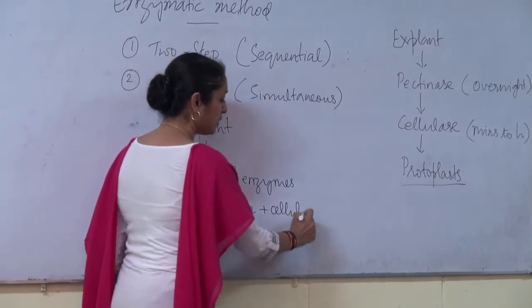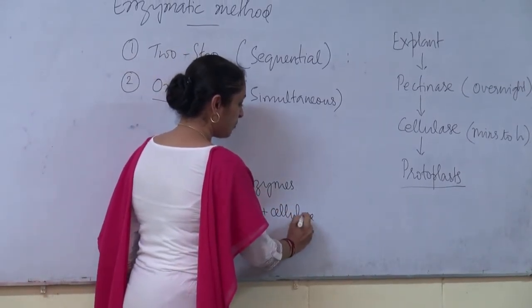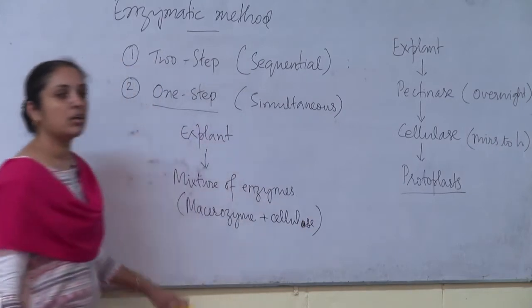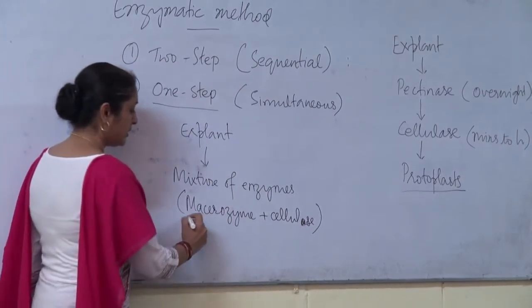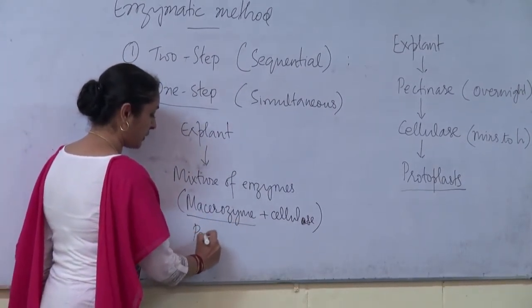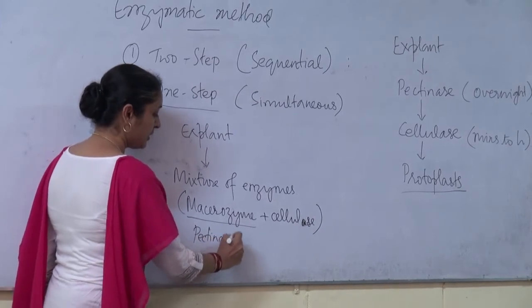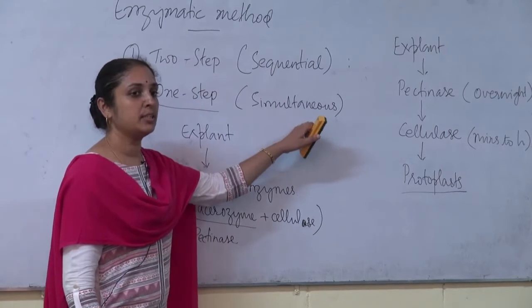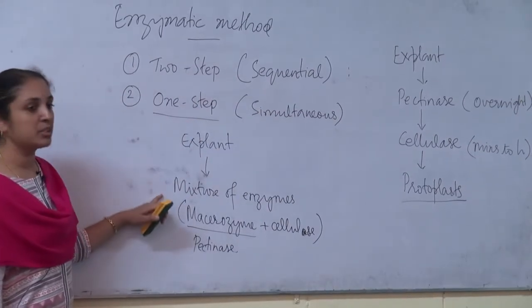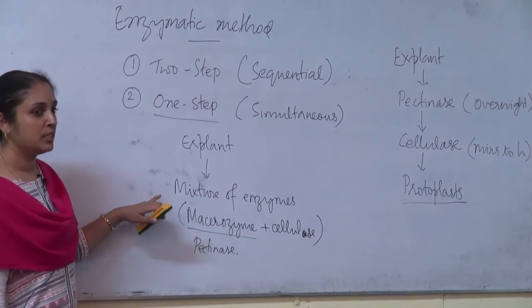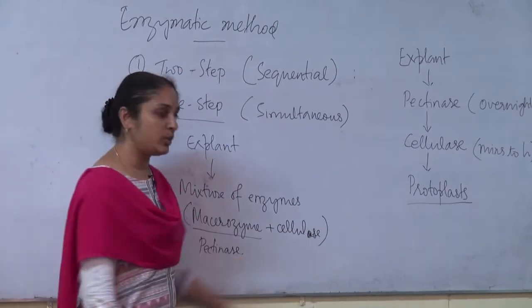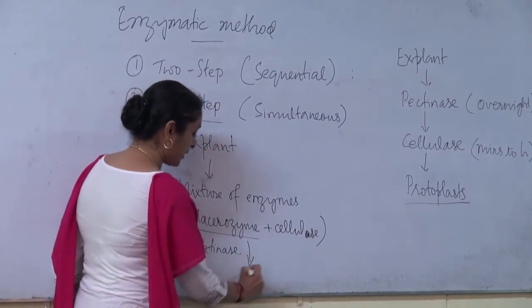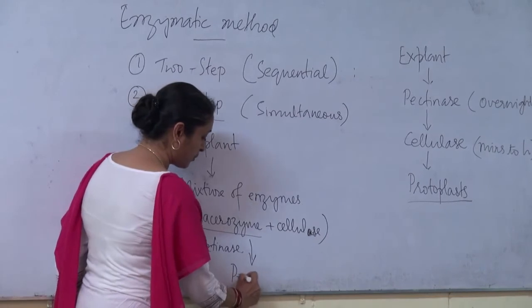Macerozyme is otherwise called pectinase. With macerozyme and cellulase, you can extract protoplasts.